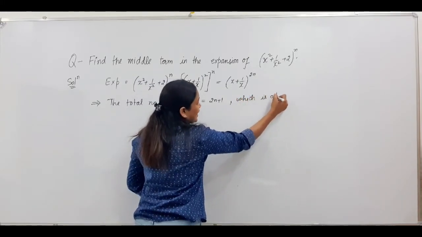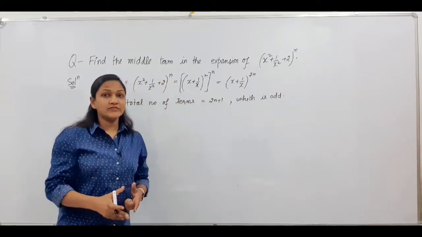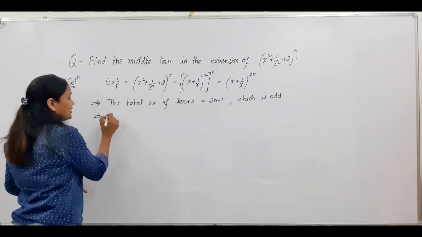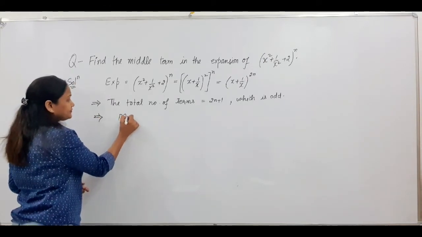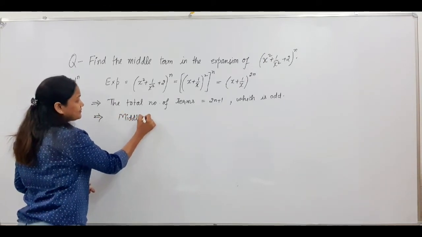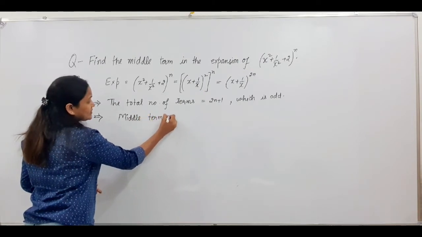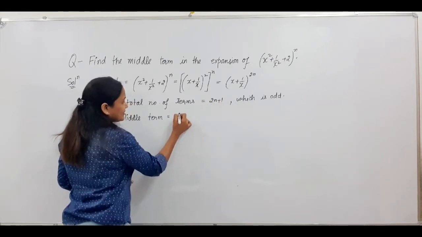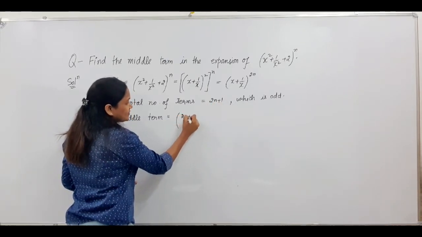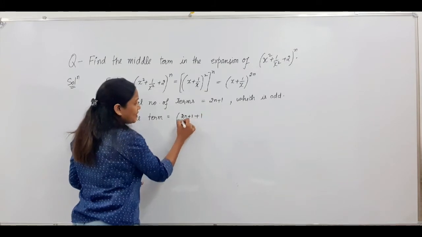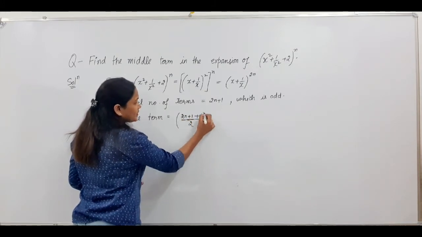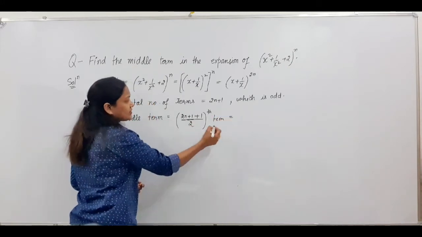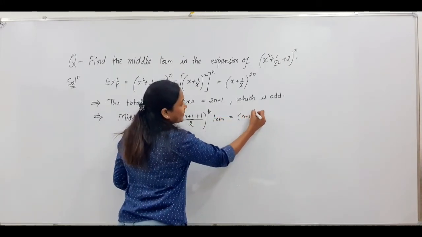If you have an odd total number of terms, then you have one middle term, and the middle term is the (2n plus 1 plus 1) upon 2th term, and this is equal to the (n plus 1)th term.